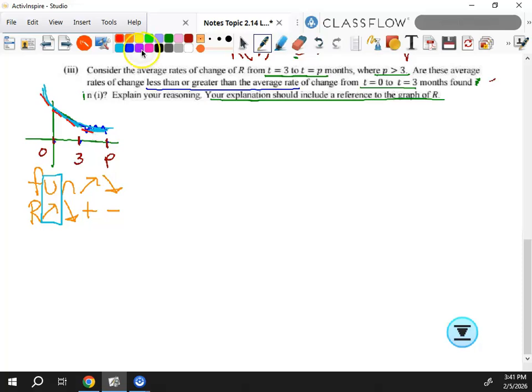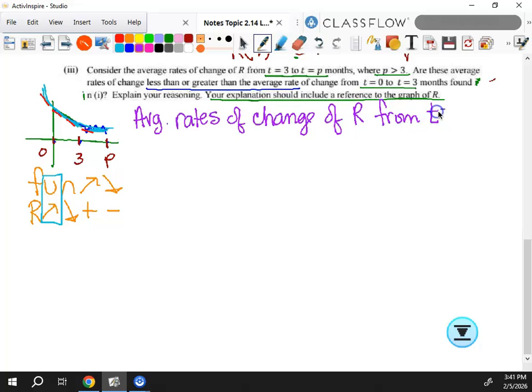So my explanation should sound something like this. Average rates of change of R from t equals 3 to t equals p, and then I need units on that.